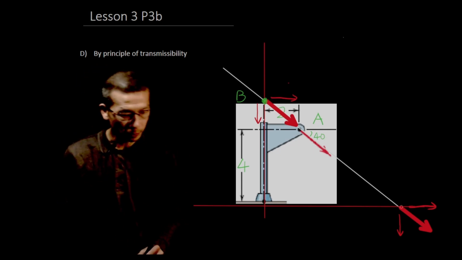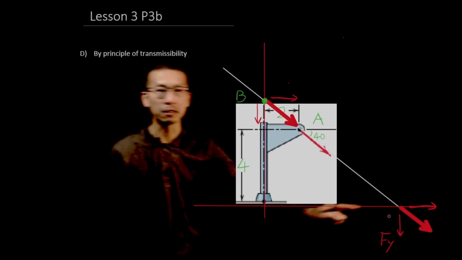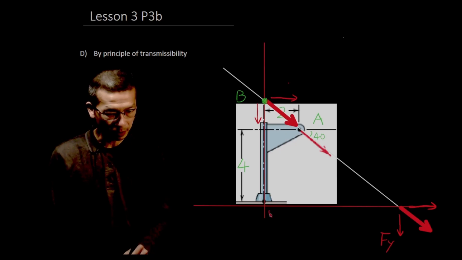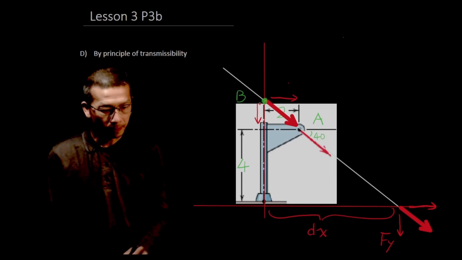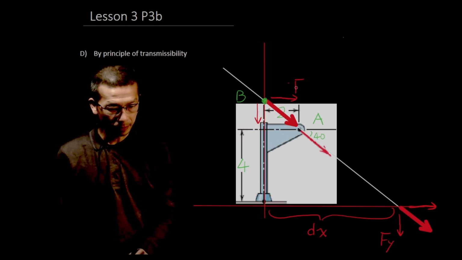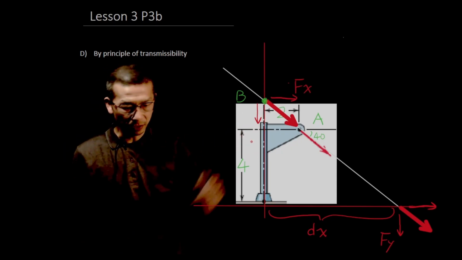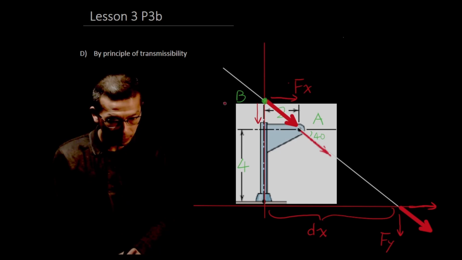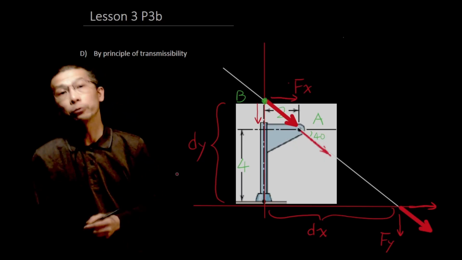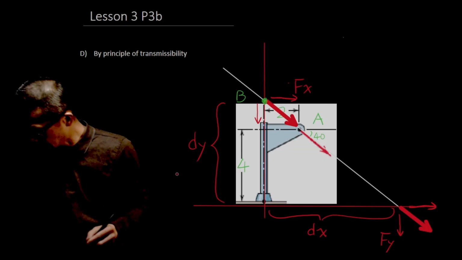So we only need to worry about this Fy times the distance, and let's call it dx. And this Fx times this vertical distance, and let's call that dy. And we have already calculated the Fx and the Fy, right? So let's write it out.